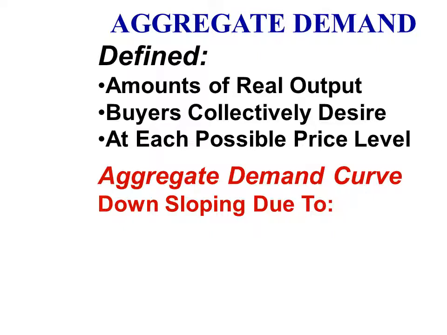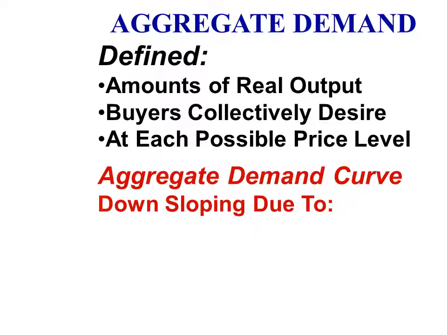So the income effect has no bearing on why the aggregate demand curve is downward sloping. Likewise, since we're talking about total spending for all goods and services, by all buyers, including businesses, investment, and government, there's no substitute for everything. So we can throw the income and substitution effect out the window. They don't help us understand why the aggregate demand curve is downward sloping.